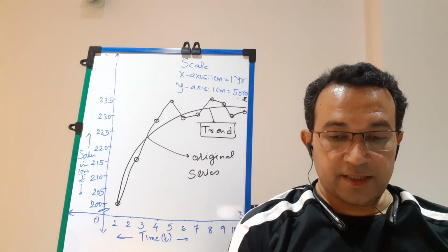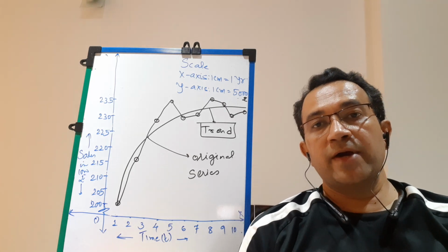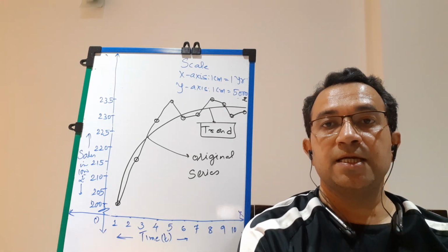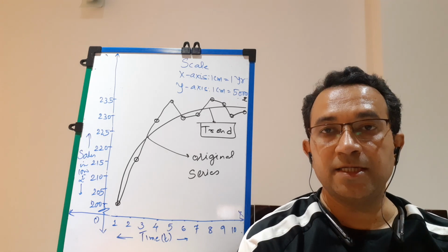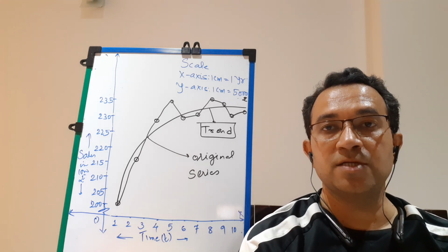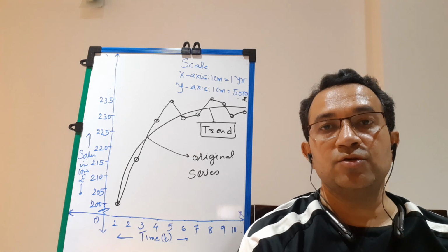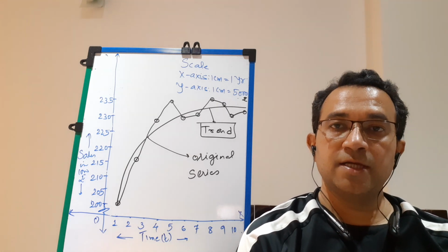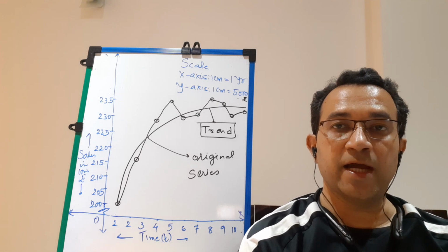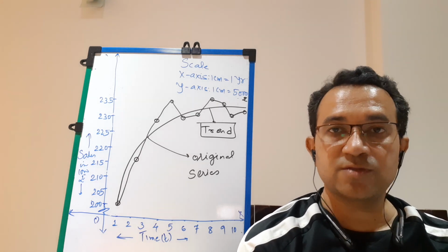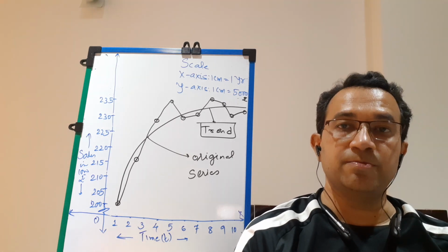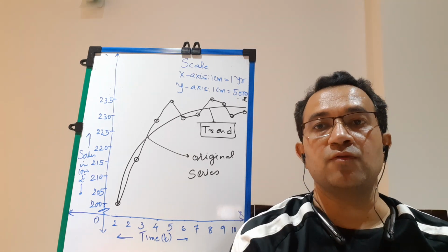So the required trend line between the independent variable t and dependent variable yt is yt cap equal to a plus bt, where b and a are constants to be found out. In regression also we were finding y cap equal to a plus bx, where b and a were constants to be found out. Why do we first write b? b is required, students, to find a.